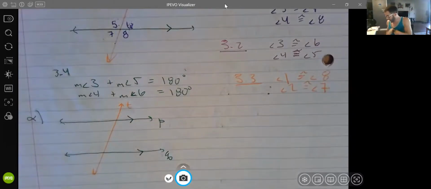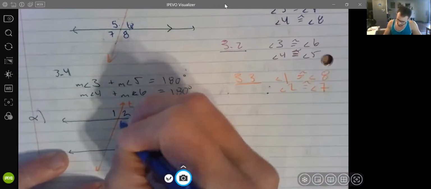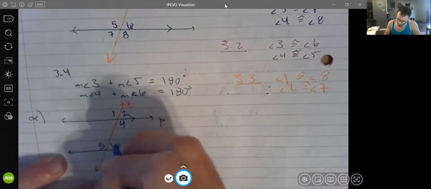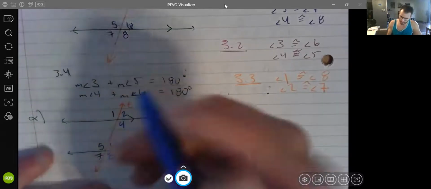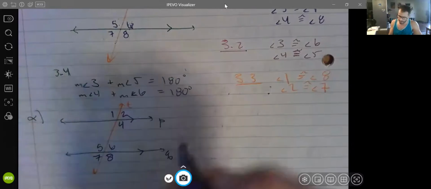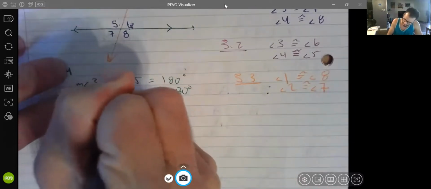Okay. Now, they're going to tell us that this is angle 1, this is angle 2, this is angle 4, 5, 6, 7, 8. What did I skip? Angle 3 is 75 degrees.